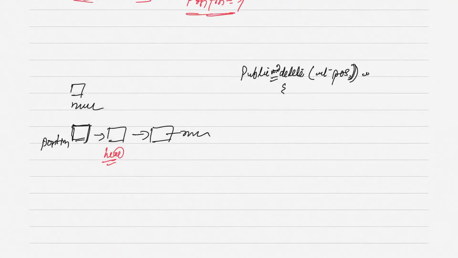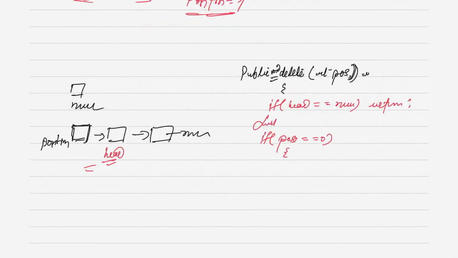Just try to write these two pieces of code. If your head is null, we are not going to do anything, we will simply return from this function. Second, if your position is equal to 0, what we are going to do is update the head.